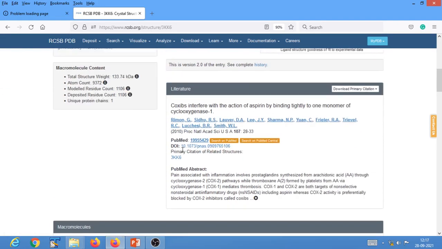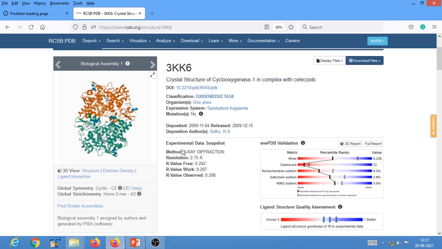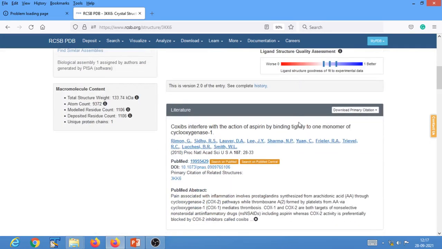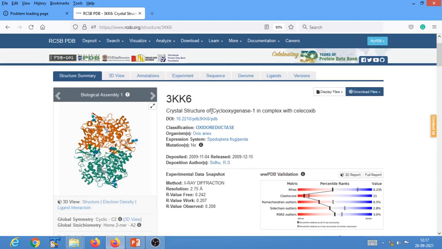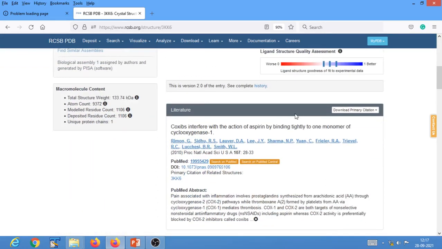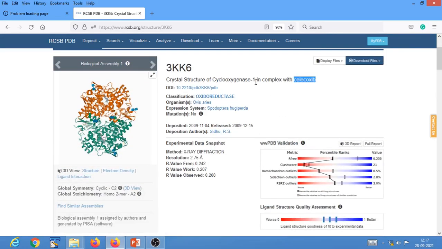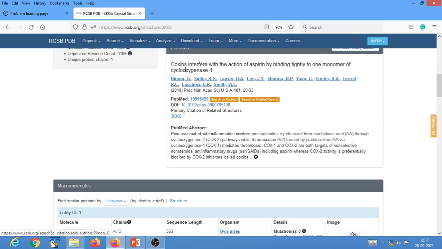One more thing I would like to say is that whenever you start to work on any protein structure, these models deposited in PDB are published in some paper. This particular model, the structure of cyclooxygenase in complex with the inhibitor celecoxib, which is one of the most important anti-inflammatory agents, was published in this paper.